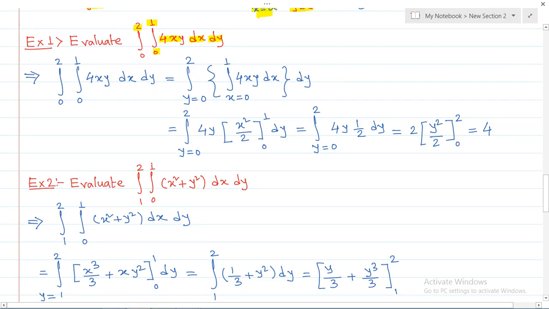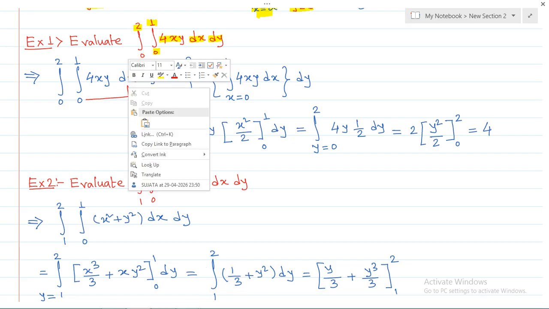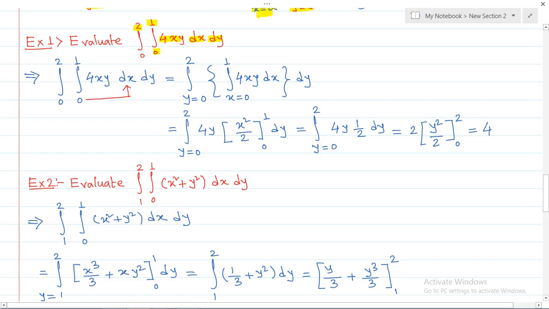Conventionally, we consider the integration coming first from inside to be the limit of the inner variable. Inside we can see the variable dx is coming, so 0 to 1 is the limit of variable x, and 0 to 2 is coming outside, so it will be the limit of variable y.